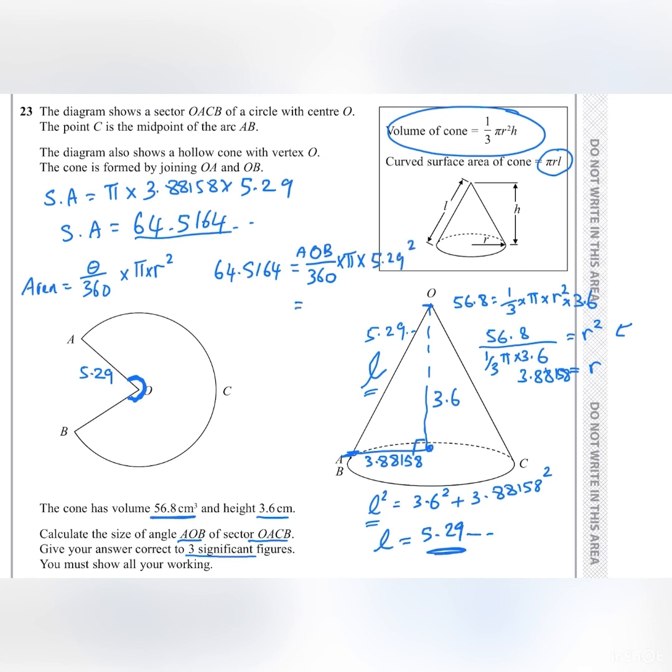Now if you rearrange this formula, AOB should equal 64.516 times 360, and all of that divided by pi times 5.29 squared, and AOB equals 263.9. And to round this to 3 significant figures, it would be 264 degrees. Okay, so that is the answer for this question.